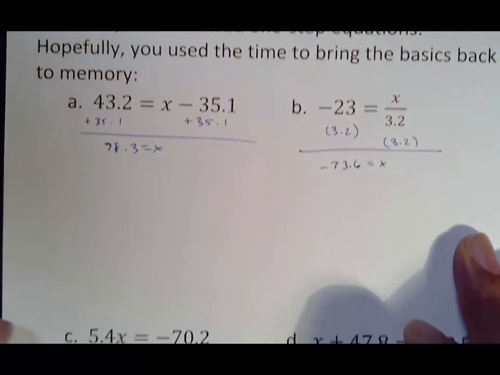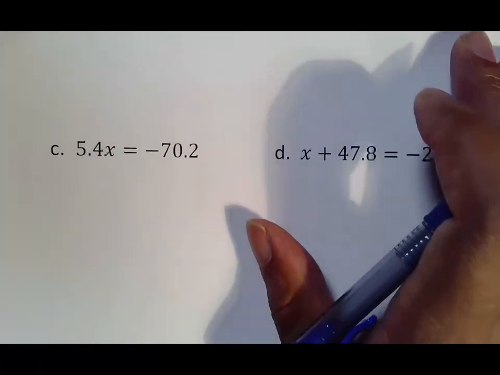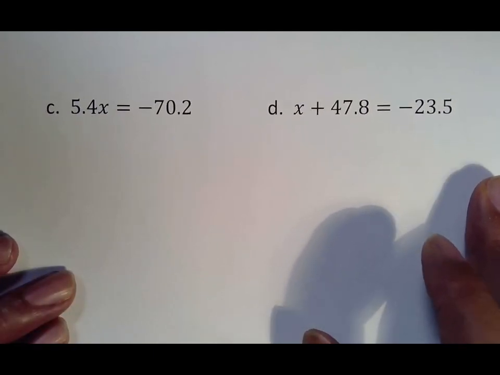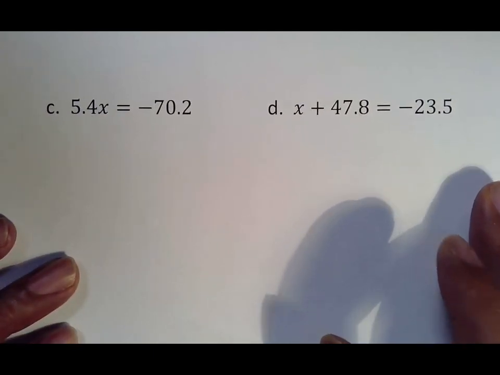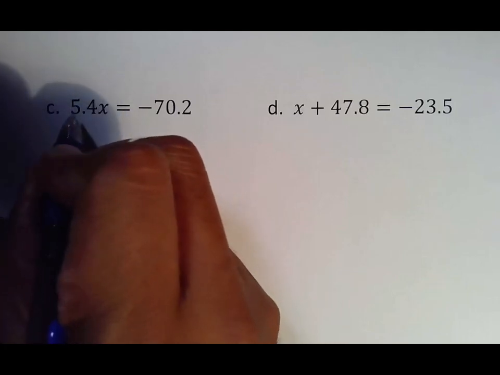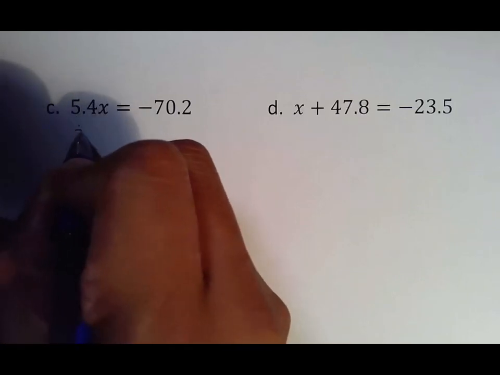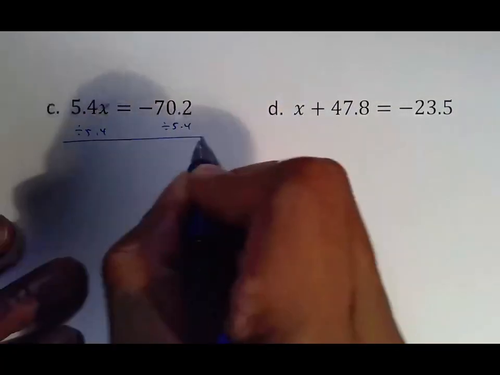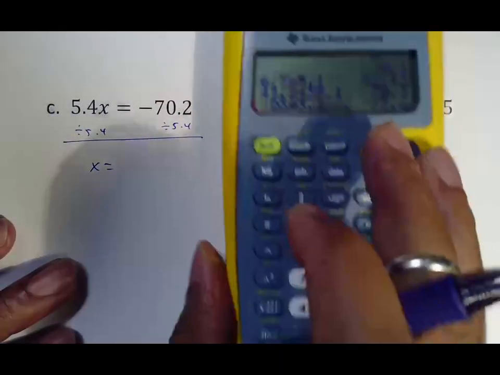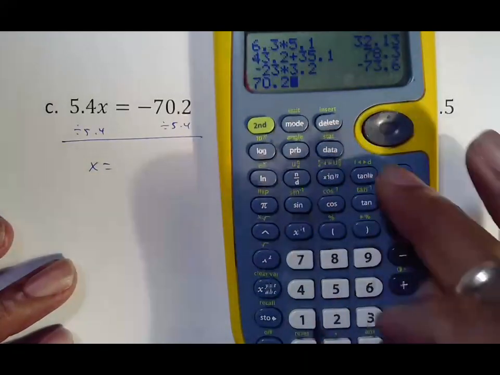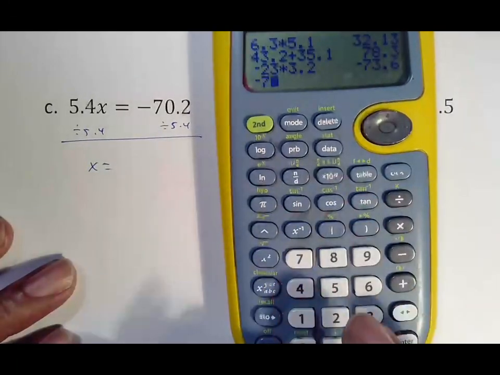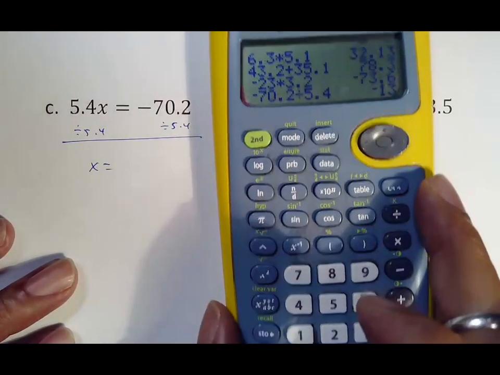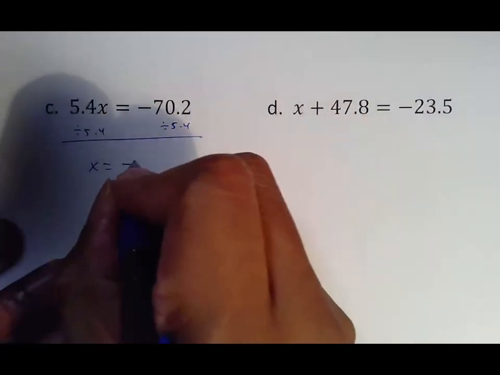So again, one-step equations was reviewed yesterday because we should pretty much have a good idea on one-step equations at this point. 5.4x equals negative 70.2. This is 5.4 times x, so we divided by 5.4 on both sides, bringing down x and seeing what negative 70.2 divided by 5.4 is, which is negative 13.